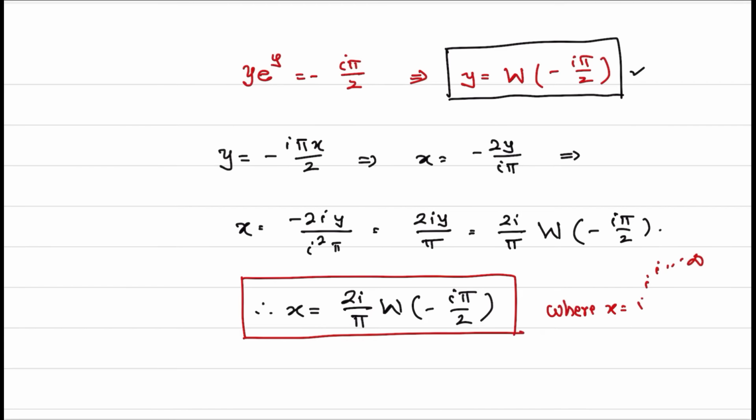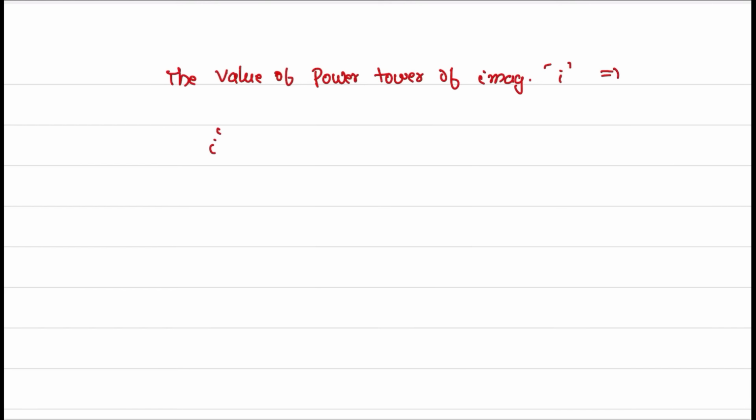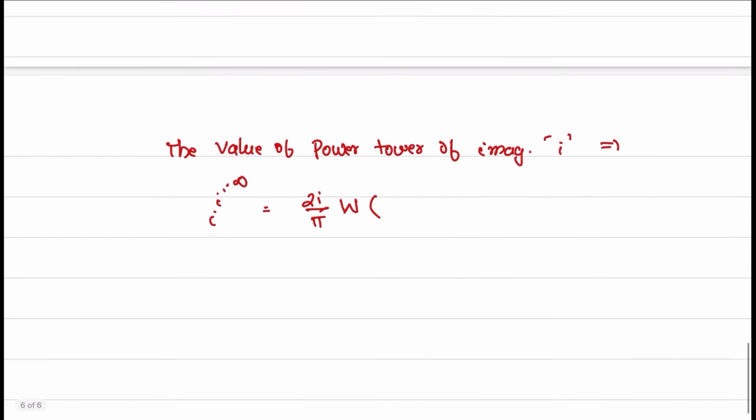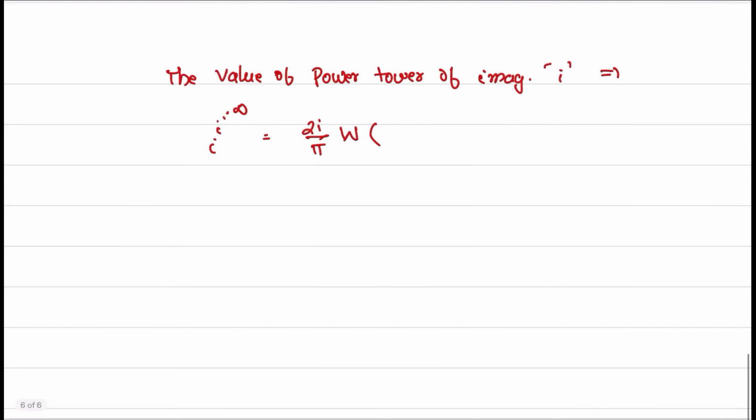That means the value of the power tower of the imaginary number i, i to the power of i to the power of up to infinity, is equal to 2i by pi W of minus i pi by 2.